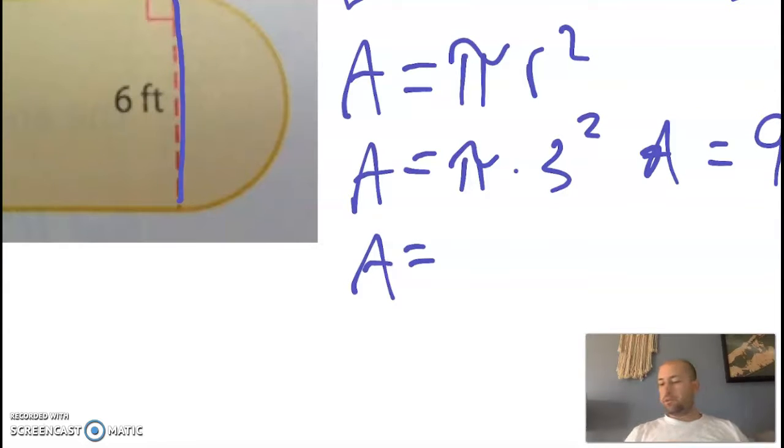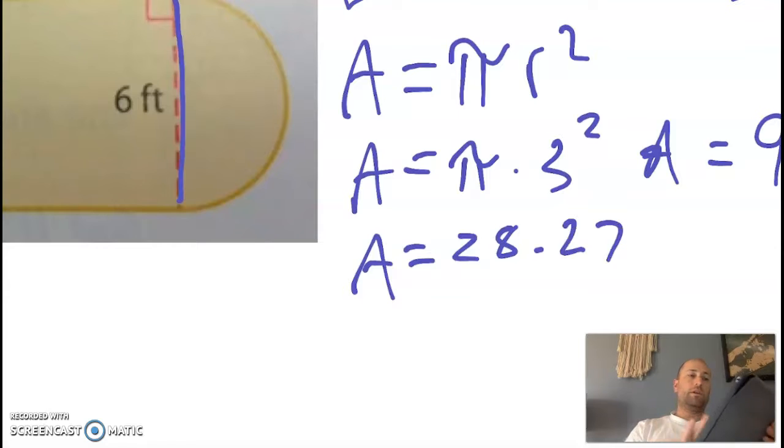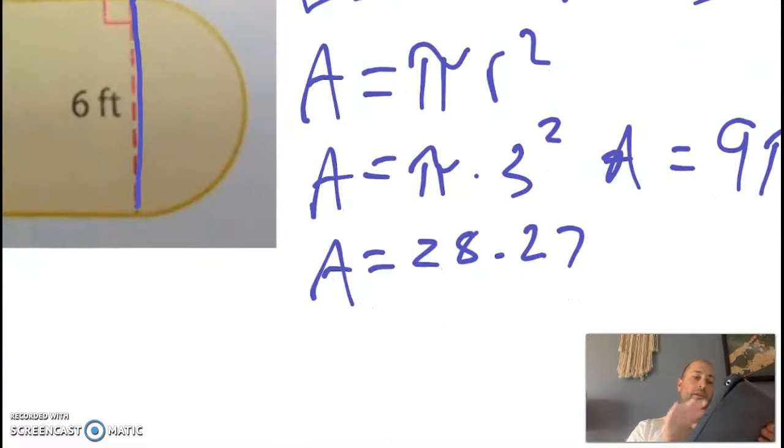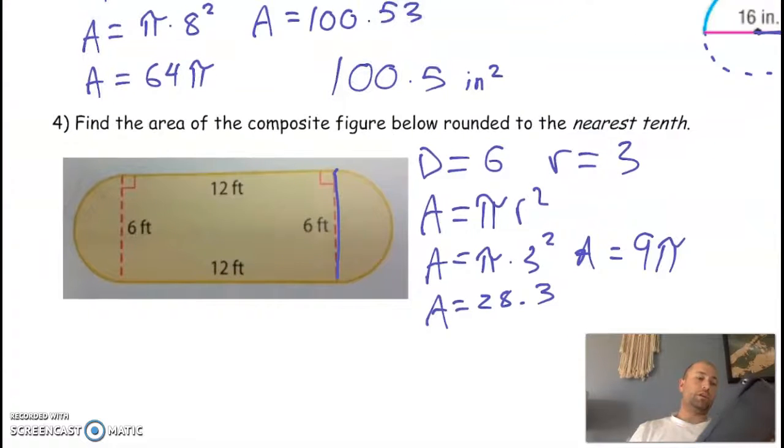So if you get a number that's way different than a little above 27, you're doing something wrong. Let's see, round to the nearest tenth. So that will round to 28.3.